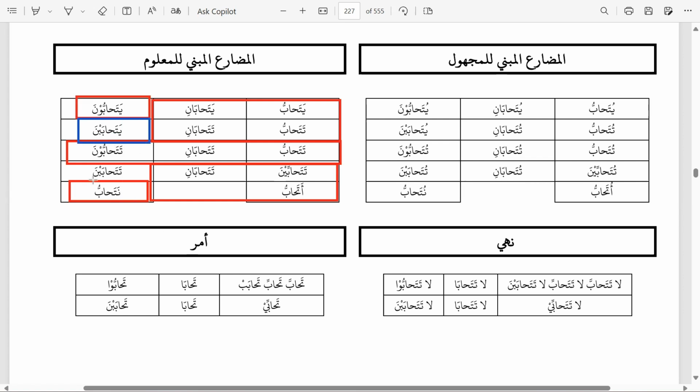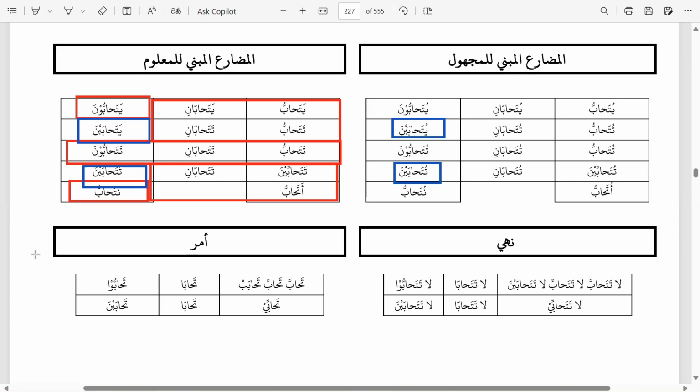Yatahababna, tatahababna, yutahababna, tutahababna. In present tense, there are only 2 sigat in which the separation occurs. Otherwise, fusion is there all over in Sarf Kabeer.